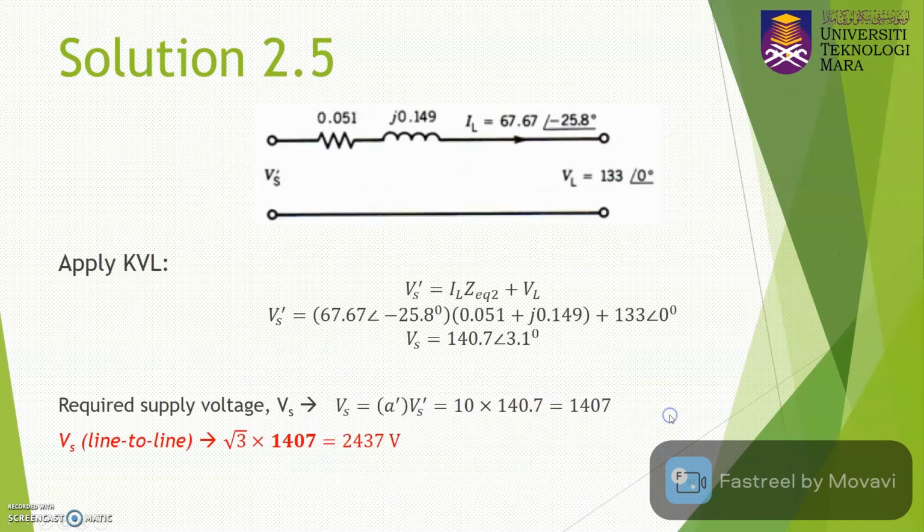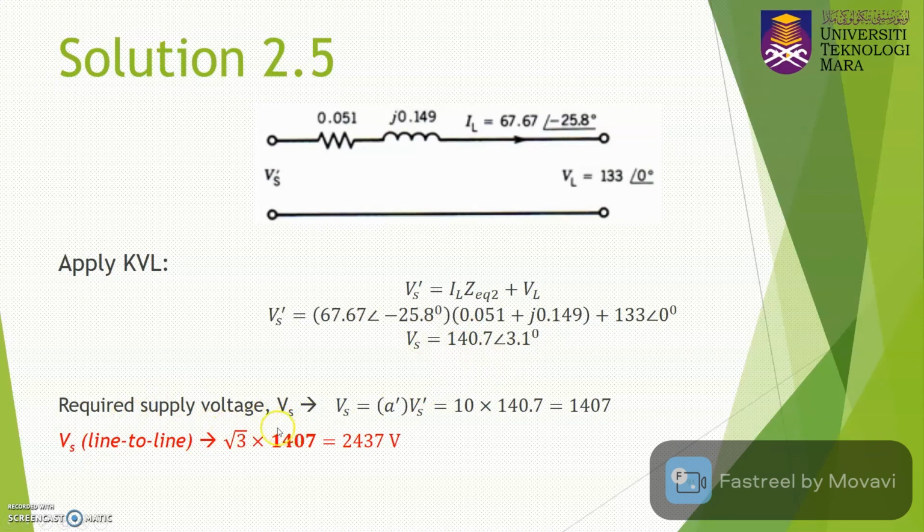Based on the circuit referred to the secondary side, you can apply KVL to get the value of V supply prime. So Vs prime is equal to IL multiplied with Z equivalent 2 plus VL. You apply KVL at this loop and key in all the values accordingly: IL, Z equivalent 2, and VL. Finally you get Vs prime equal to 140.7 angle 3.1.